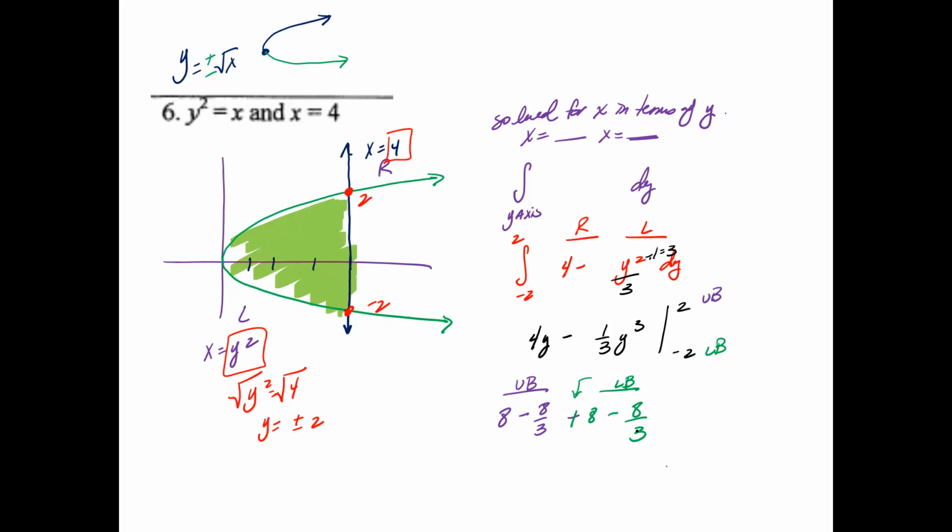Okay, so then you have these two, which is a 16 minus 16 over 3. Make that 3 times 16, 3 times 16 is 48. And then when I subtract this, that's going to be 32 over 3 unit squared is your answer.